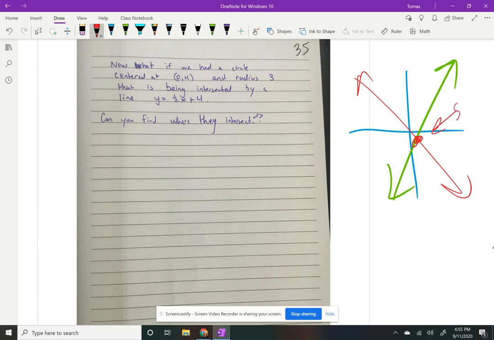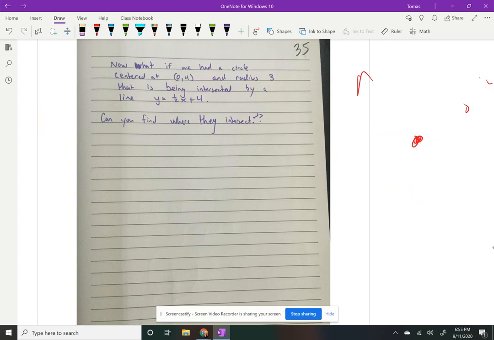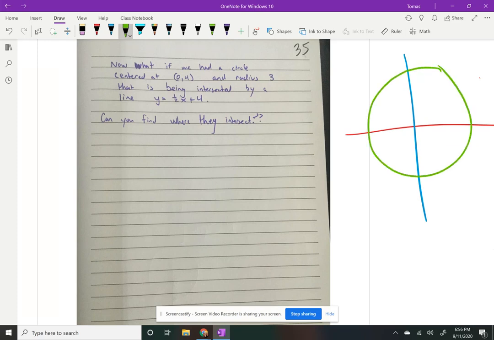Where they intersect is your solution. That's the concept that's happening here. But in this case, we don't have two lines. We have a circle and we have a line.